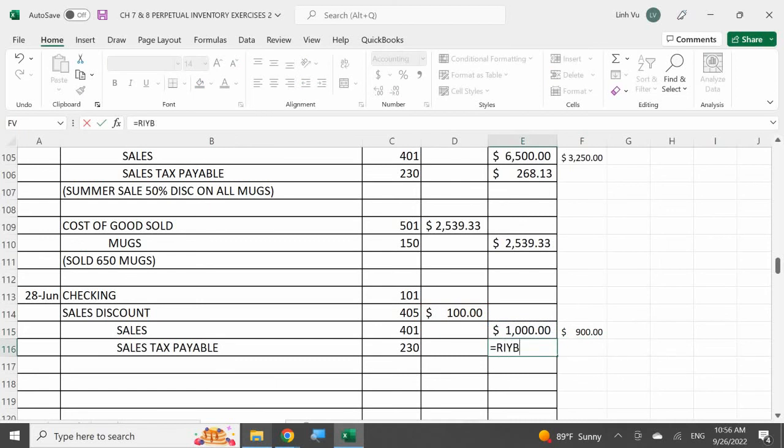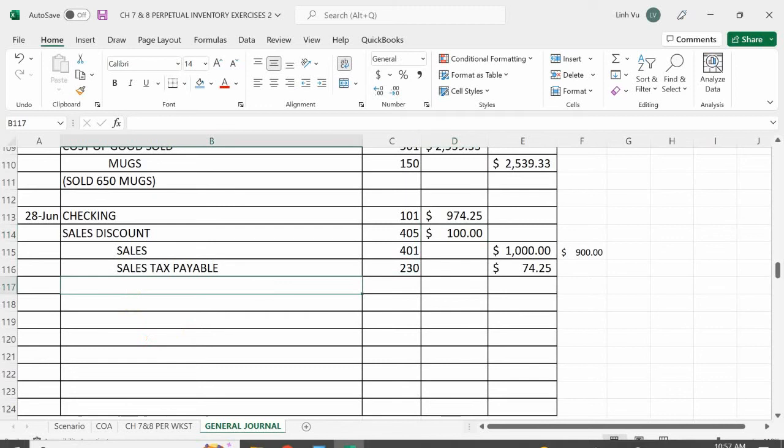So in this case, how much sales tax money am I going to be charging off of the $900? Off the discounted price. $74.25. So in grand total, how much cash or how much money is going to go into my checking account? $974.25. Good, excellent.